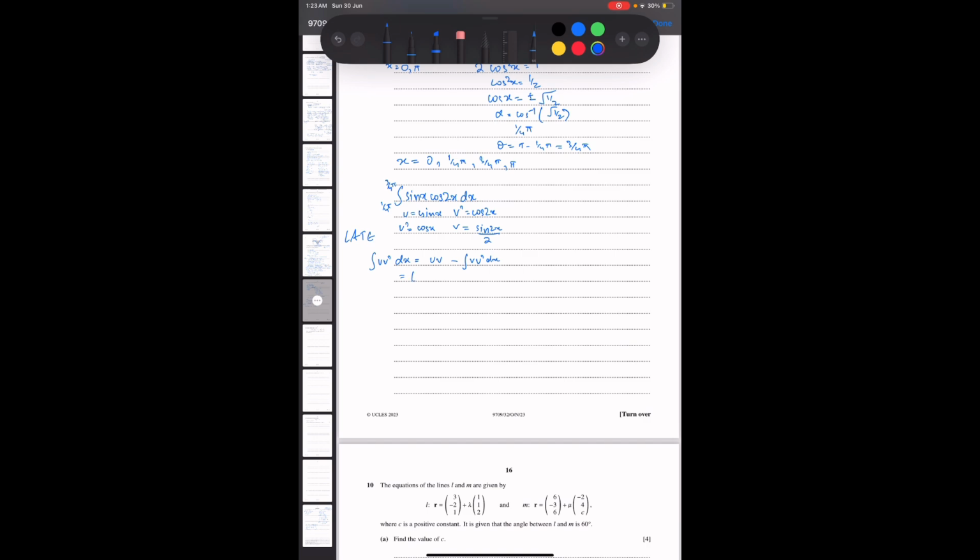So uv is sine x and sine 2x upon 2. This is solved within the limits 3 upon 4 pi and 1 upon 4 pi minus integration of sine 2x upon 2 multiplied by cos x.